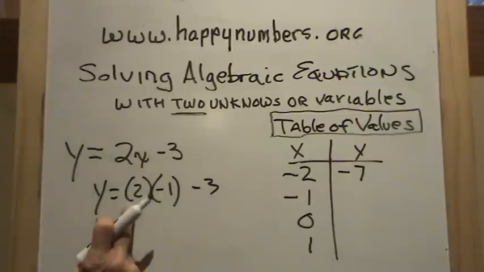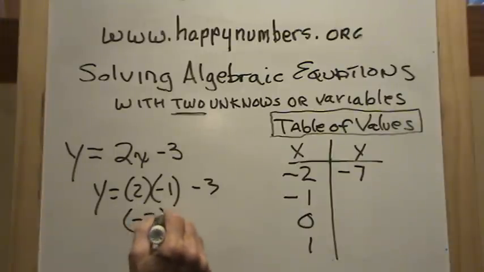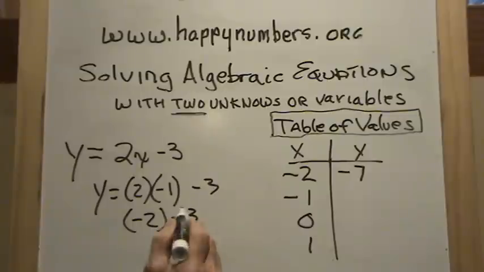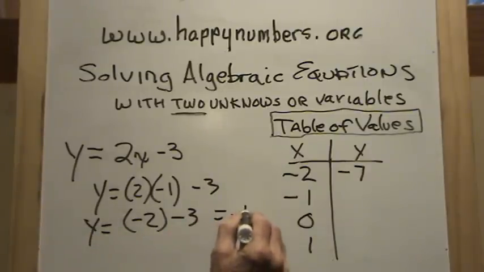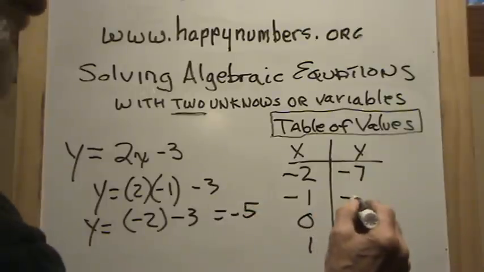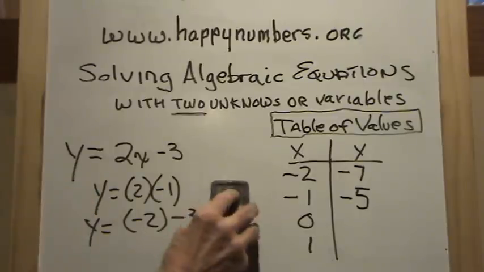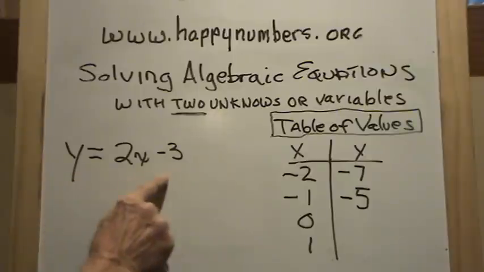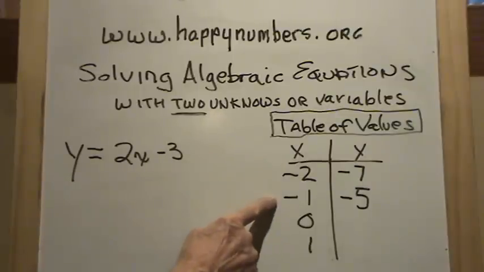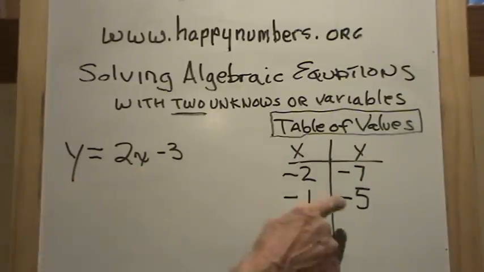Y is equal to, well, positive 2 times negative 1 is negative 2, combined with a negative 3, which is negative 5. So in this equation, if x is -1, then y is equal to -5.